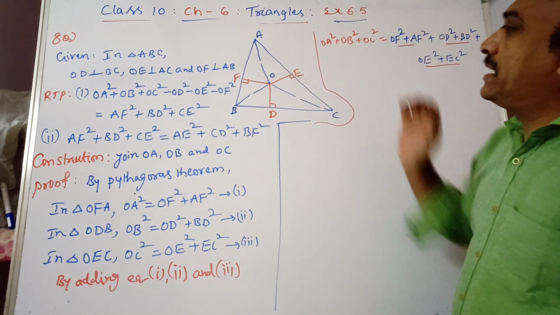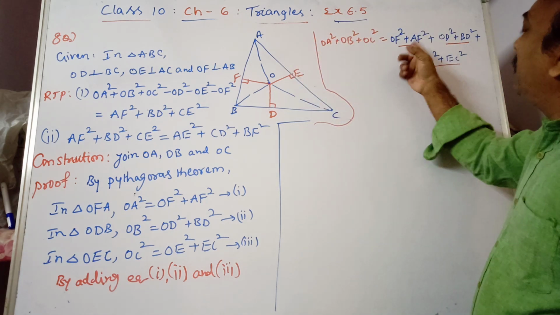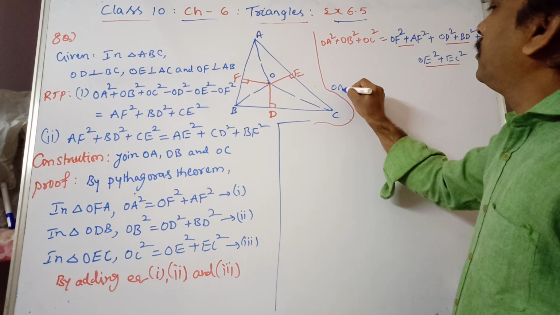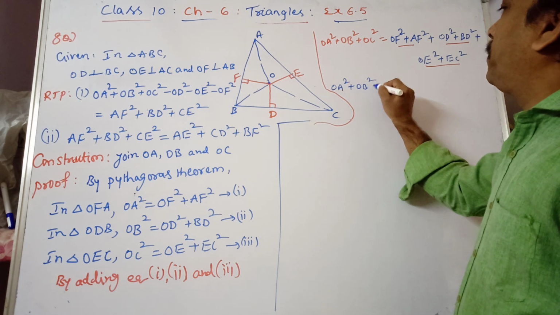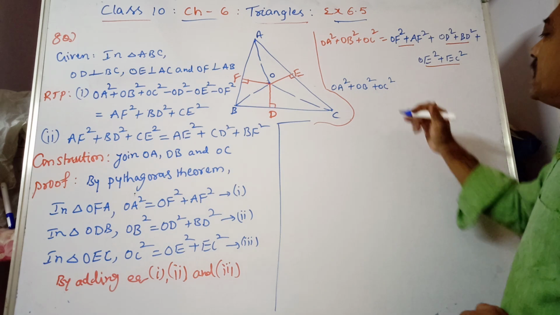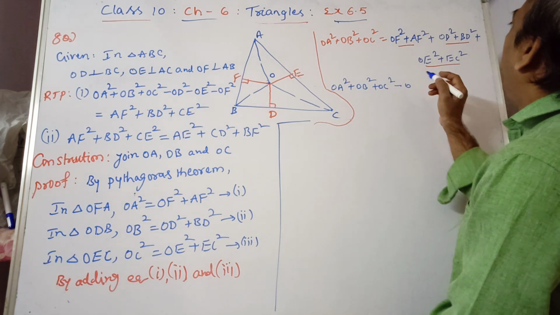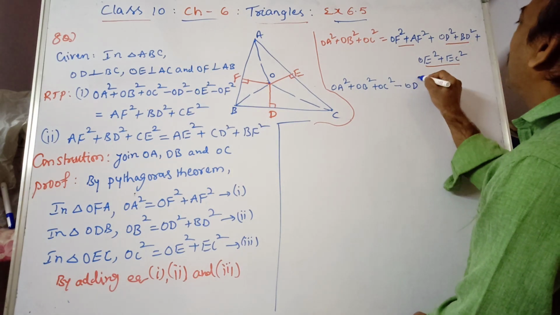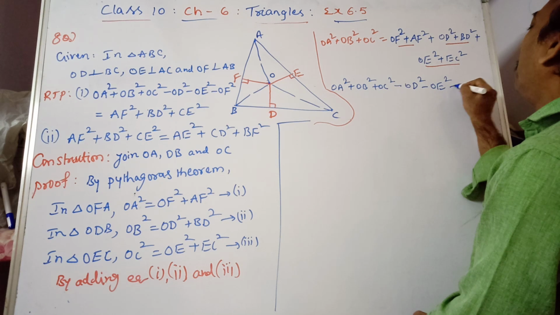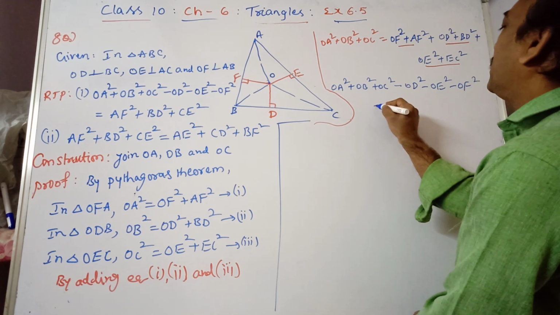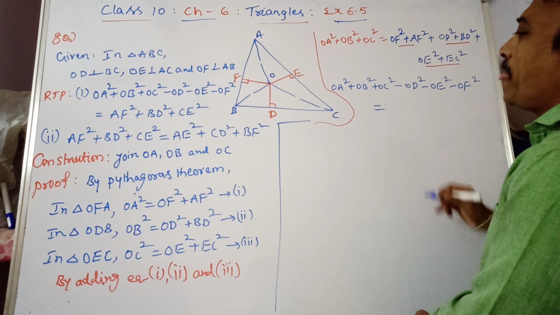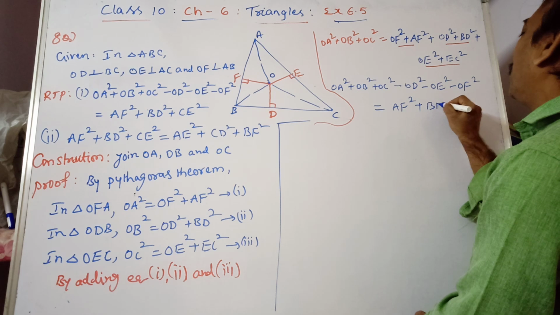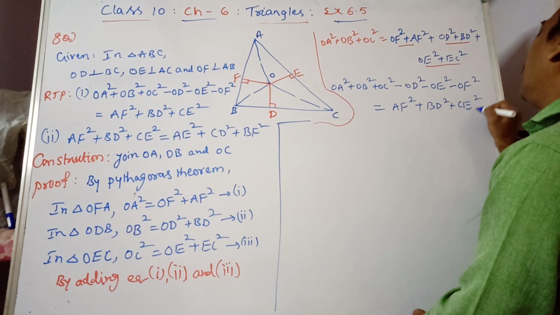So OA square plus OB square plus OC square minus OD square minus OE square minus OF square is equal to what is left over: AF square plus BD square plus CE square.